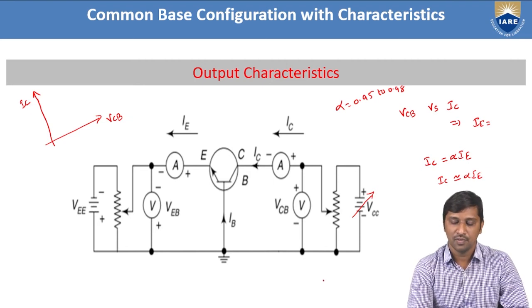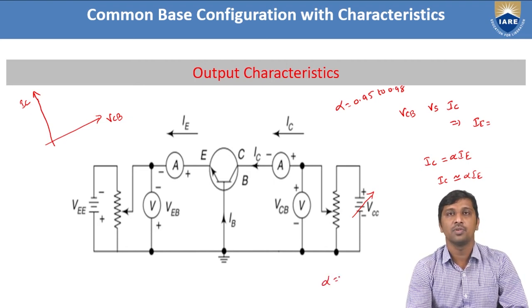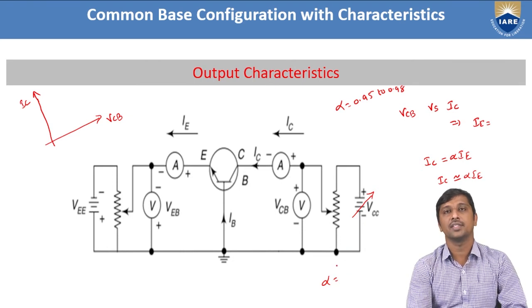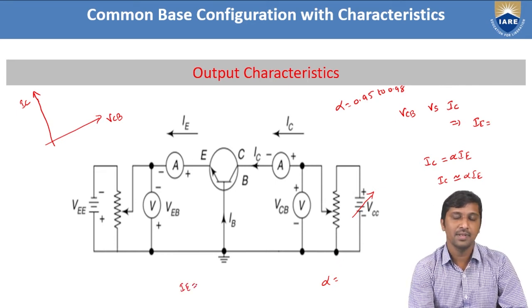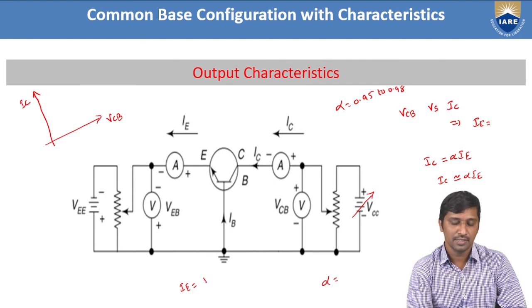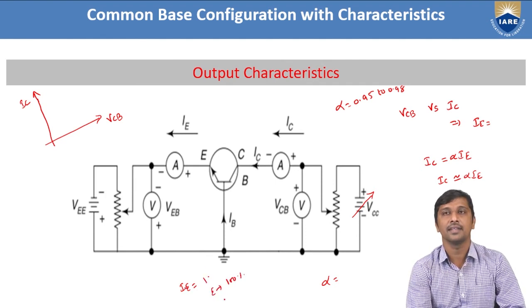Based on this alpha representation, suppose only 2% of the charge carriers are constituted with the base. Let us assume the emitter emits 100% of the charge carriers.